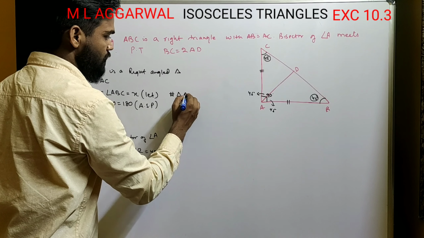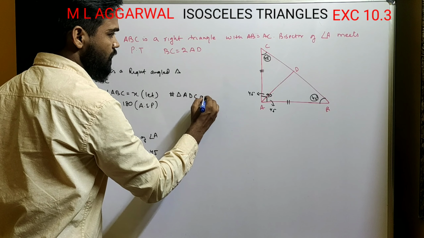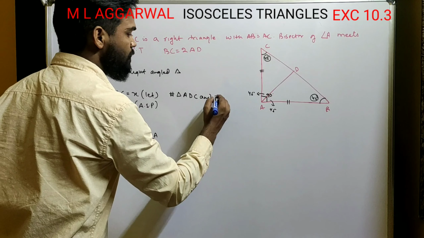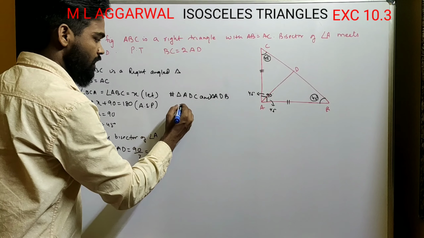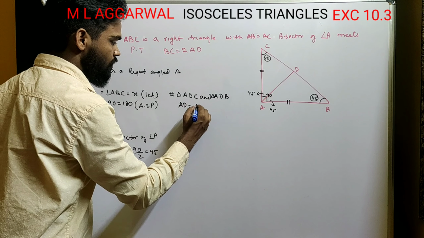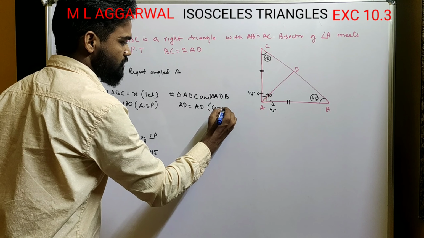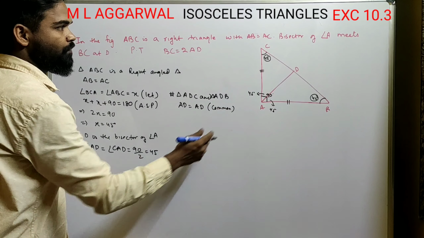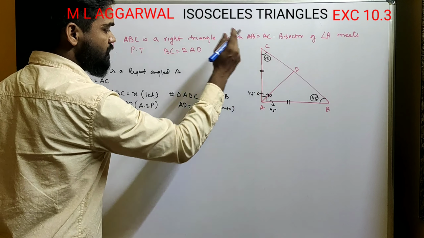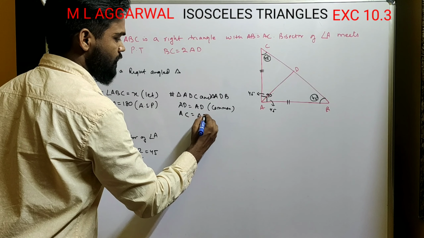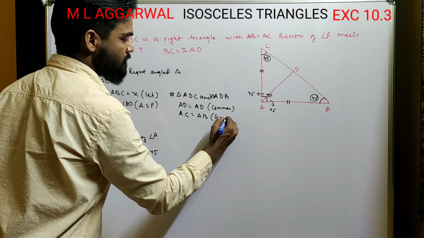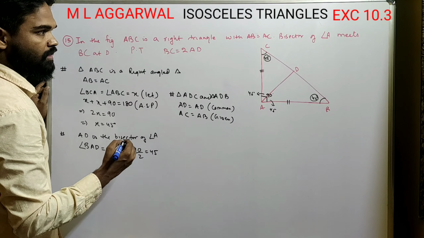Now look at triangle ADC and triangle ADB. AD is equal to AD, that's common. AC is equal to AB, that's given to us, isn't it?